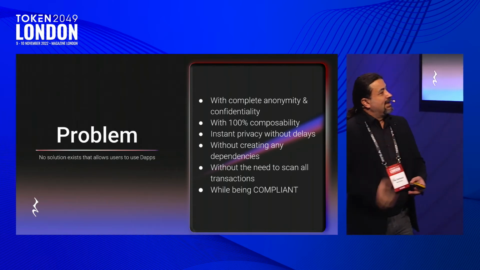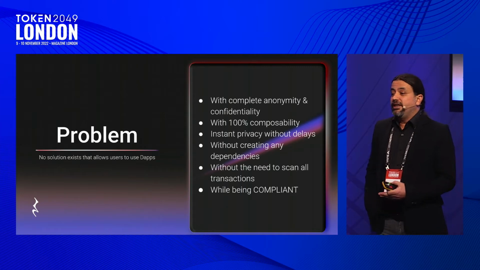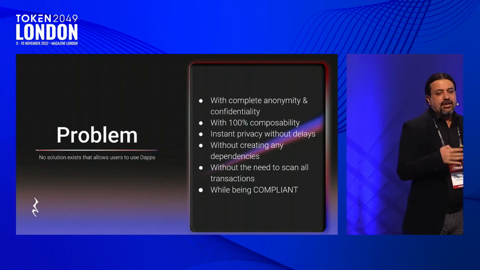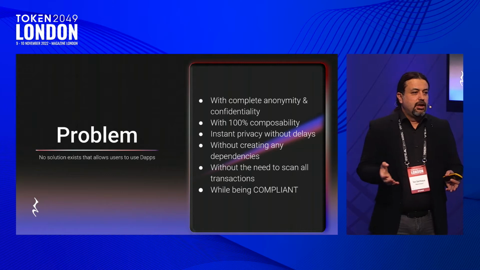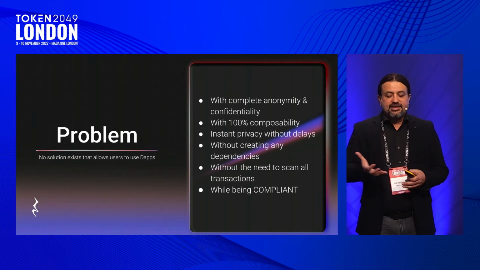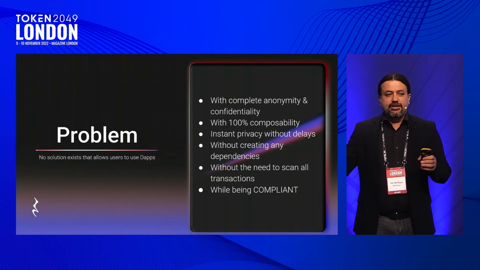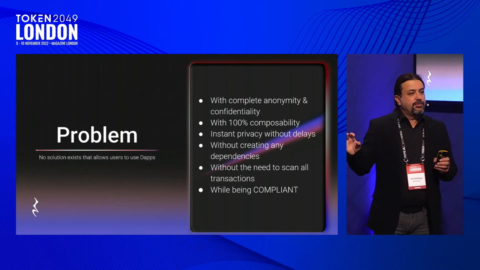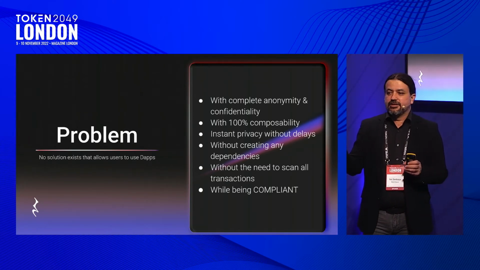And the most important issue is that having privacy in maybe layer 1 or layer 2 wouldn't be enough, because we have these decentralized applications, and users need to be able to have full composability with them.